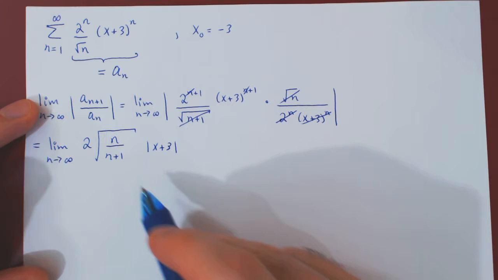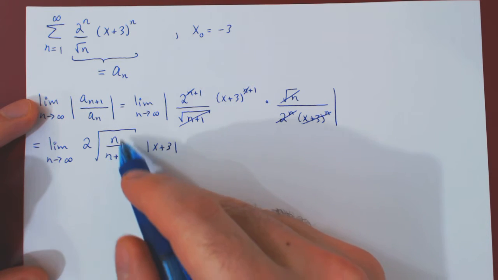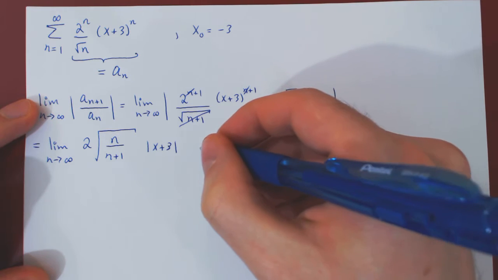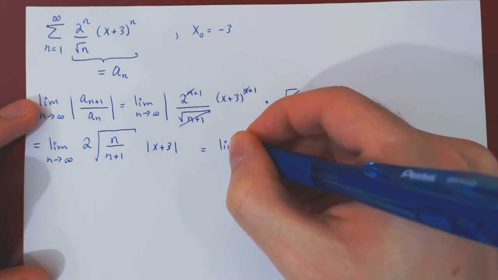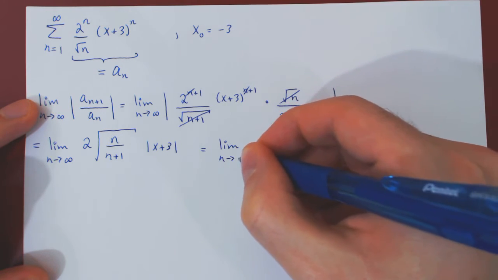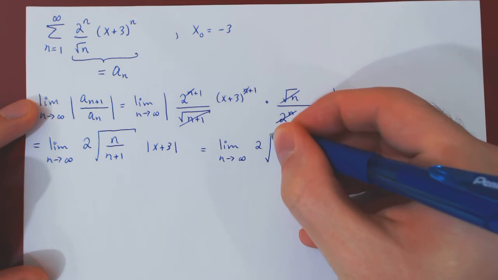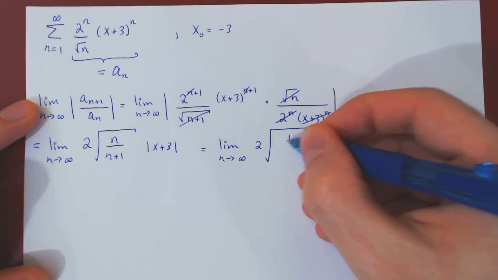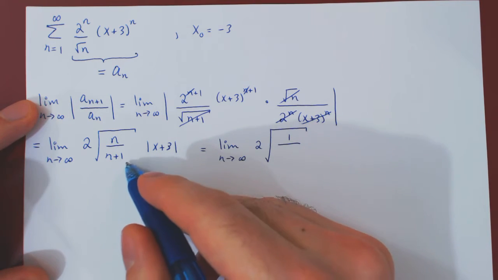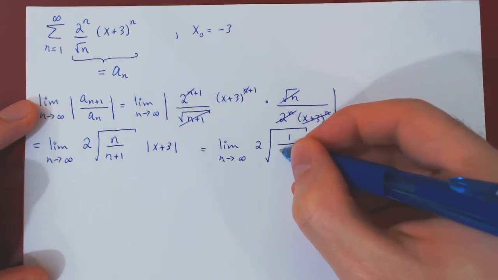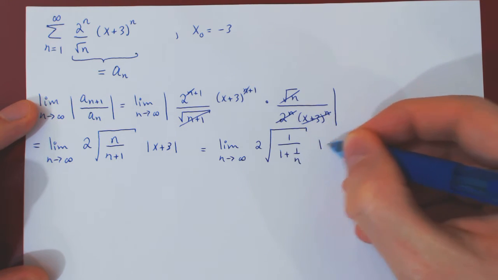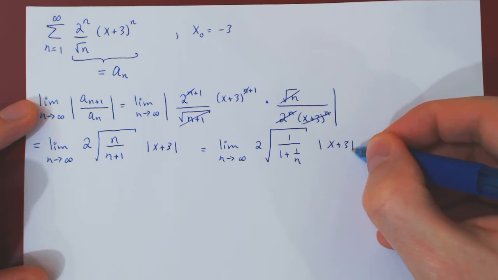The limit will become trivial if we think of, inside the square root, multiplying top and bottom by 1 over n, which will give us 1 over n times n is 1 over 1 over n times n plus 1. Well, n over n is 1, plus of course 1 over n, times x plus 3 in absolute value.